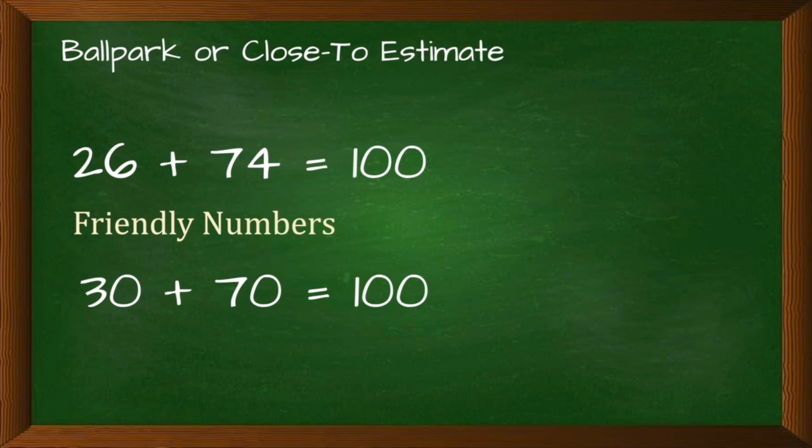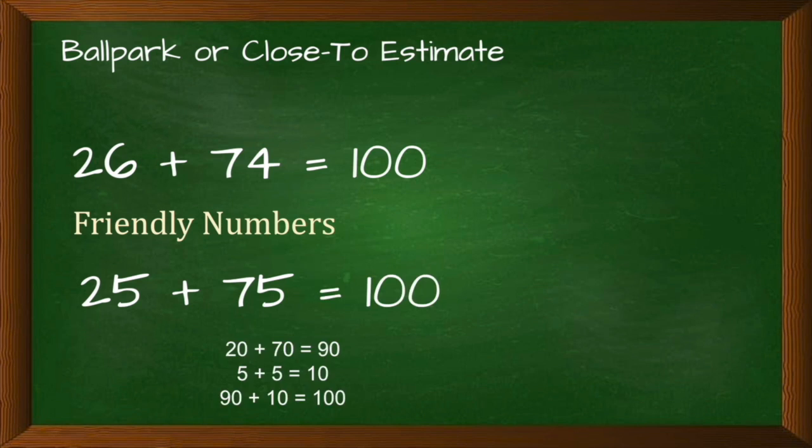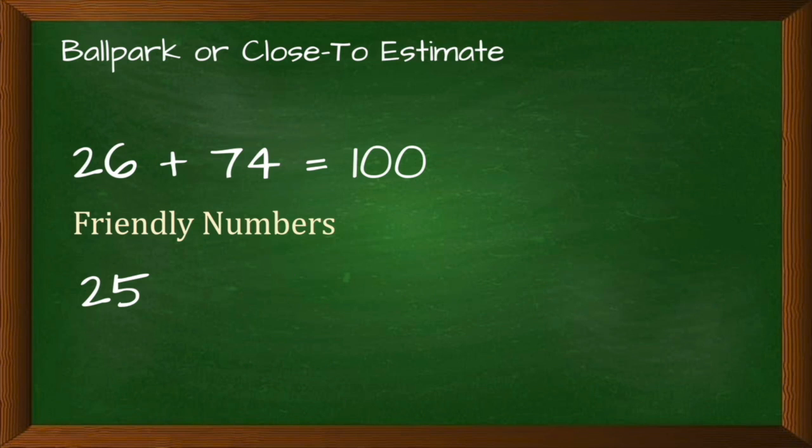Now, this isn't the only way I could have estimated. I could also have thought, well, 26 is close to 25, and 74 is close to 75, and I know from working with quarters that 75 plus 25 is 100. Now, I might also start with 25, and maybe I didn't think about 74 becoming 75, and I thought, let's make that 70.